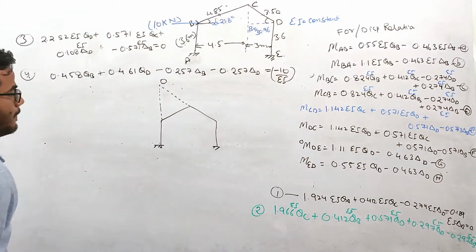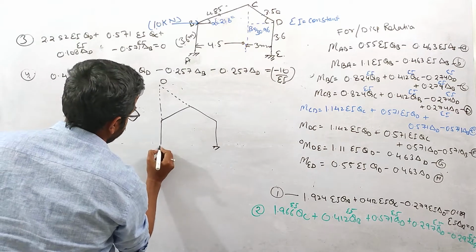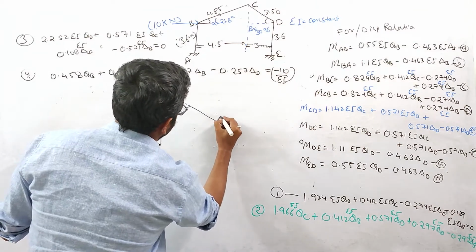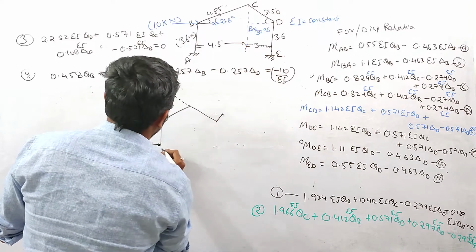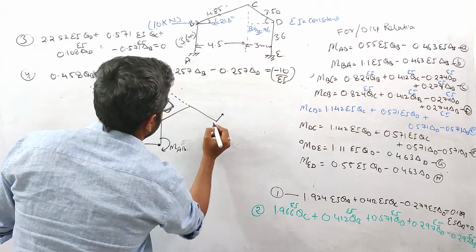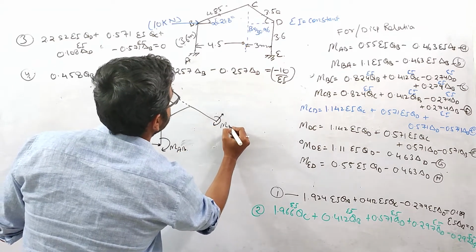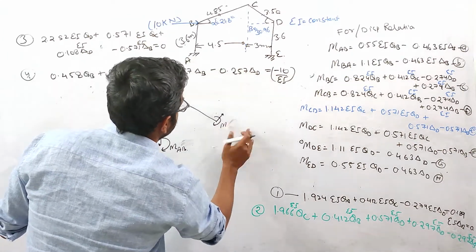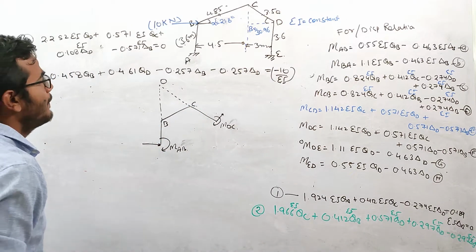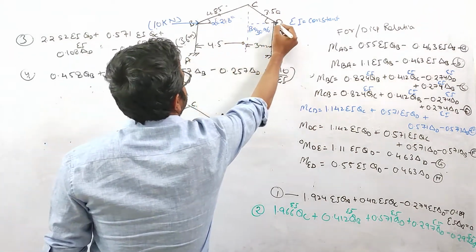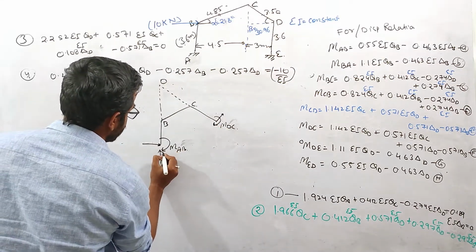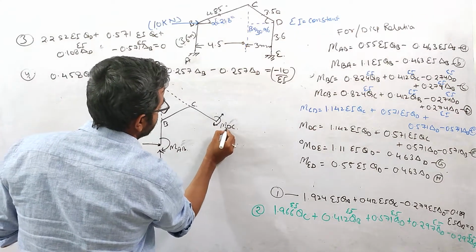Let us suppose this is point O. This is MAB, this is MDC, MCB. What we will do over here, I made a cut at this point, just above this D joint, right? So the forces acting on this portion will be one axial force here, and one axial force there.